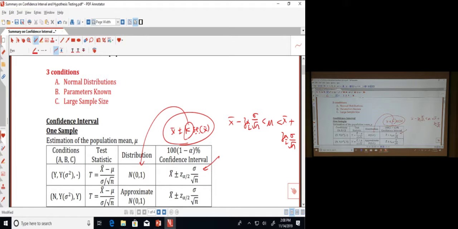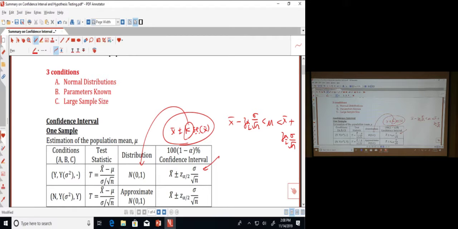Because of the central limit theorem. It tells you that x bar will follow approximately a normal distribution. So when I subtract the mean and divide by the standard deviation, it becomes a standard normal. But I have to put the word approximate. It's not exact, because we don't know the underlying distribution, so it's only an approximate distribution.